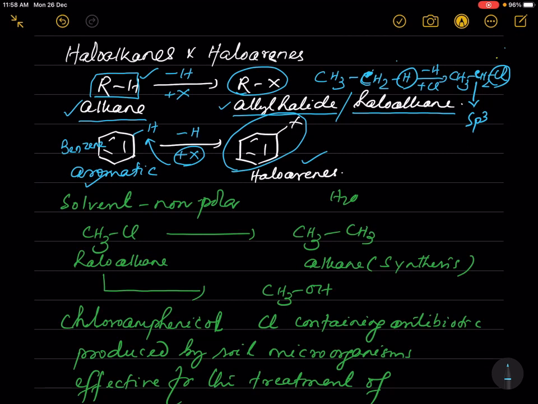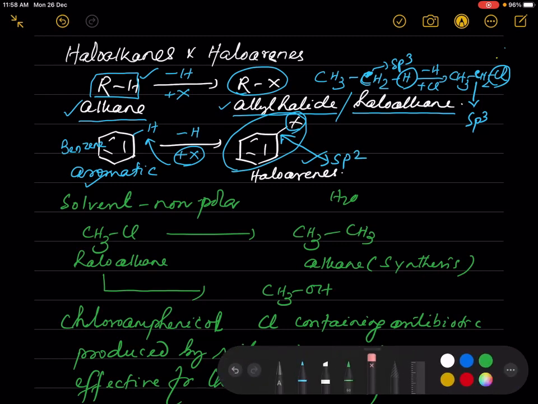Here it is also sp3 hybridized. But in haloarenes, the halogen atom attached to the carbon atom is sp2 hybridized.